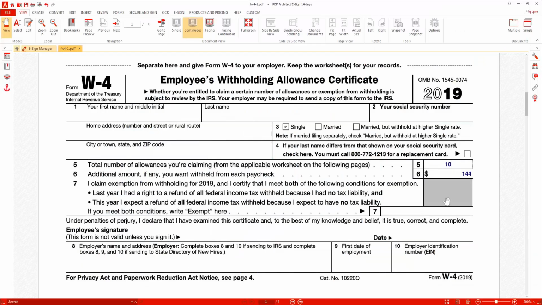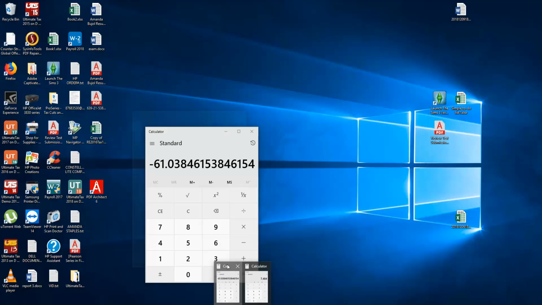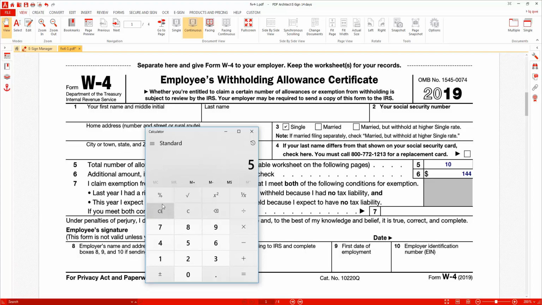But you will have an additional $144. So on your pay stub, you'll see federal withholding 0 and then additional federal withholding $144. If you're dealing with an accountant, you'll simply have federal withholding $144 and that's it, and you're done. Now, for the wife, same math applies. You take 50,000 divided by 4,000.